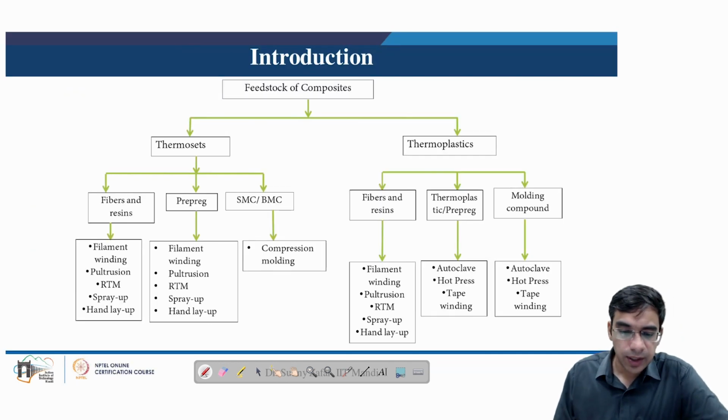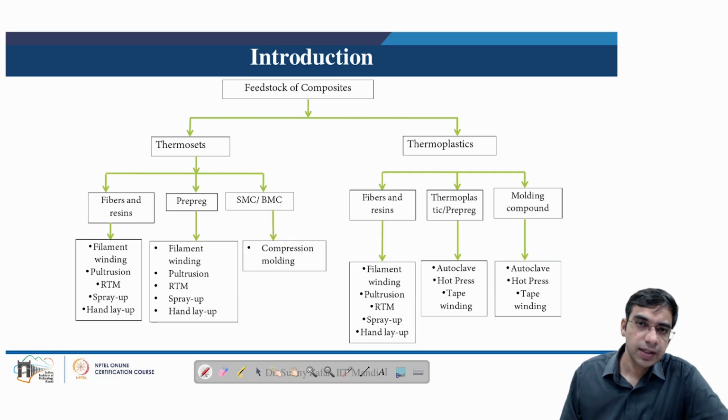So, if we look at the introduction to the various manufacturing processes of the composites, these are specifically speaking on the polymer matrix composites. So, these processes essentially get classified based on the type of matrix which is used in the polymer matrix composite.